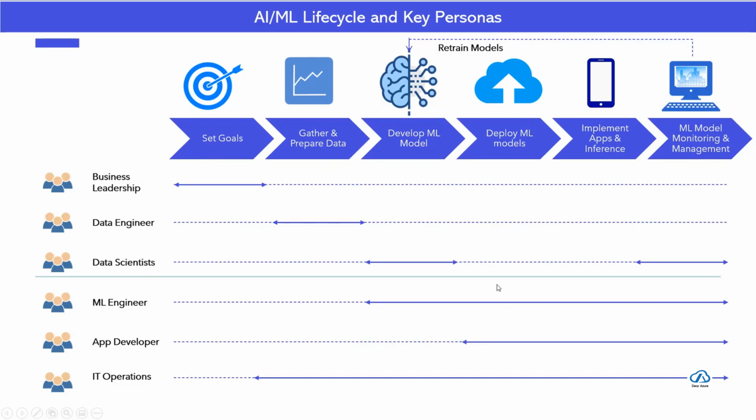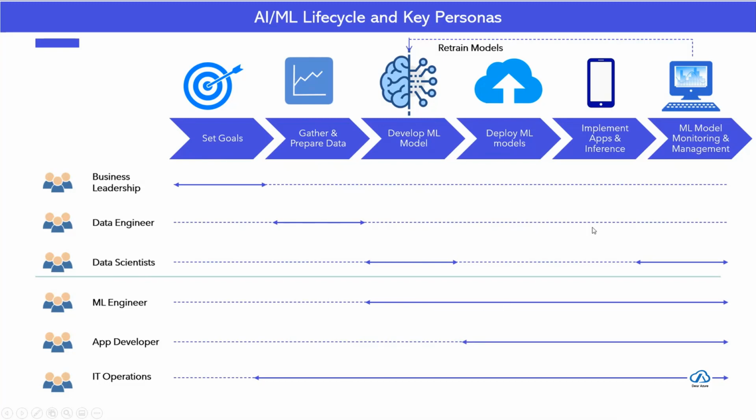Then the data scientists work to develop the machine learning model, process the data, find different data science related visual patterns, do statistical analysis, and then develop the model. They work with machine learning engineers to productionalize that model and put it in production. ML engineers are the ones who deploy the model.